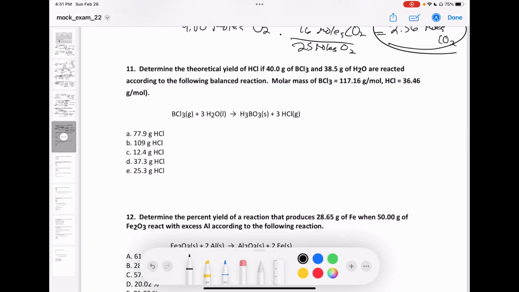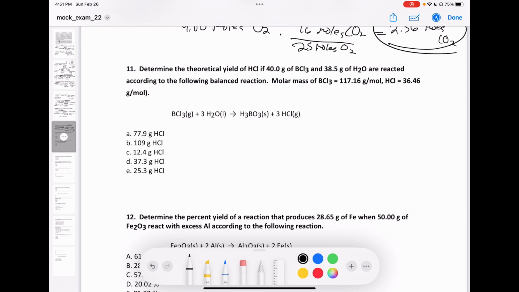Okay. Determine the theoretical yield of hydrochloric acid. 40 grams of BCl3 and 38.5 grams of H2O reacted according to the following balanced equation. This is just like the last problem. We're going to do stoichiometry to convert to grams of HCl and just see how much we can actually make.